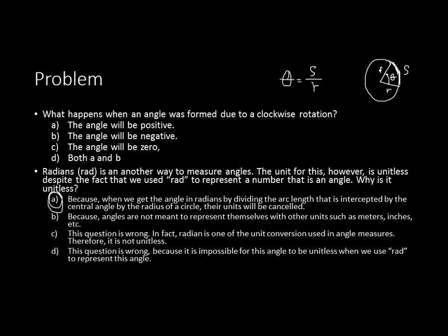Whatever you divide the arc length by the radius, the units will be cancelled. For example, if your arc length is 1 meter and your radius is also 1 meter, divide them both by 1 meter, and the answer is just 1.